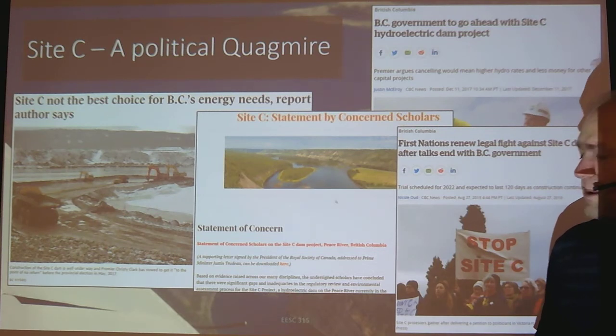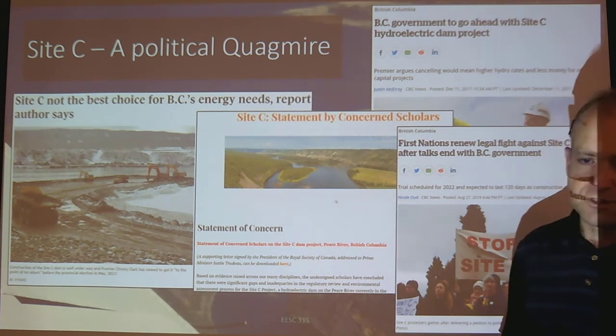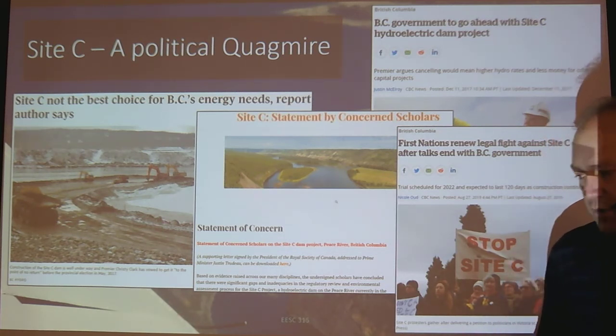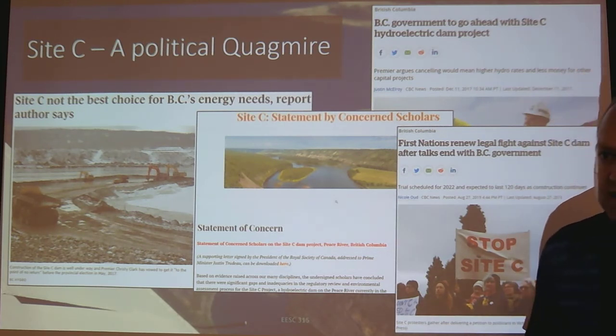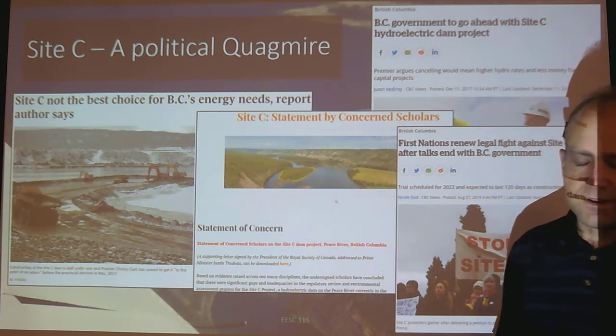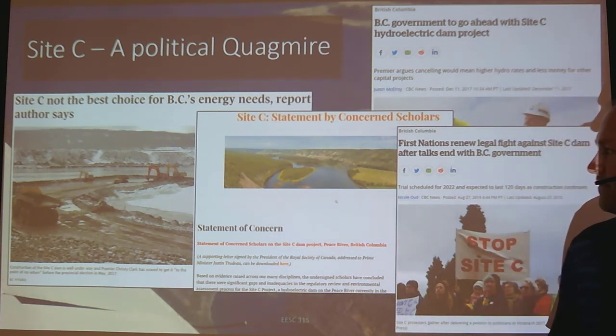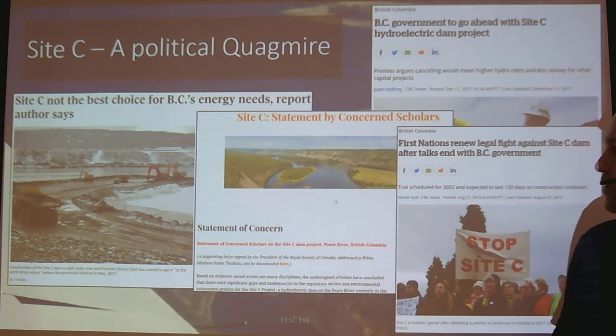A lot of those people have come out on economic grounds, saying that BC doesn't need the electricity that the dam will generate, or they come out on grounds of saying that the government was hiding their reason for building the dam and that it's actually just going to go into oil and gas production. All sorts of controversies have come up from this project.